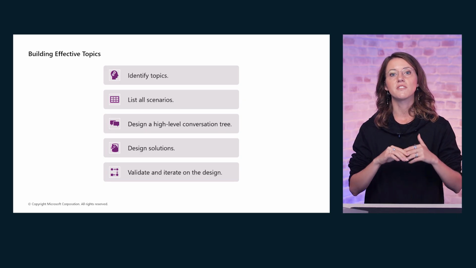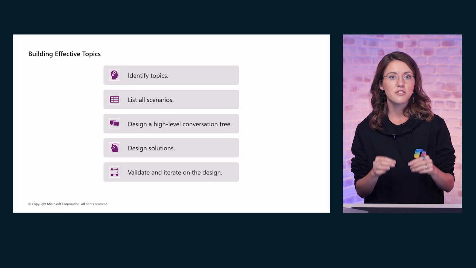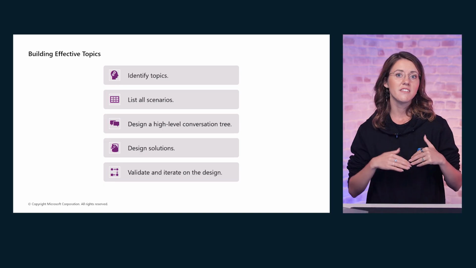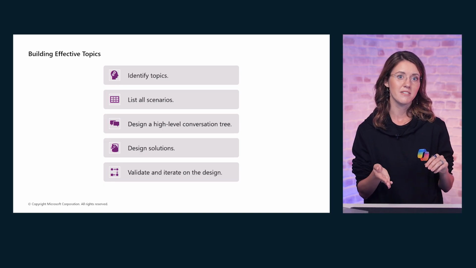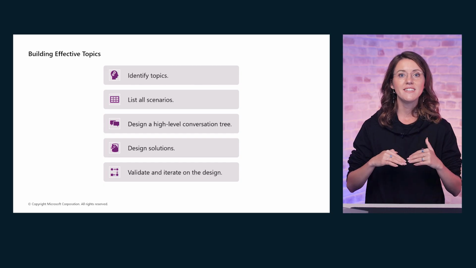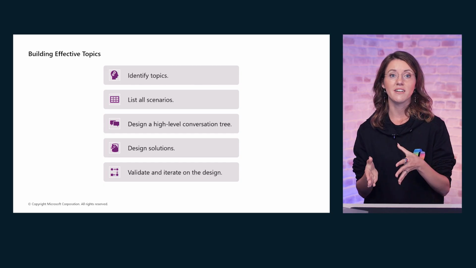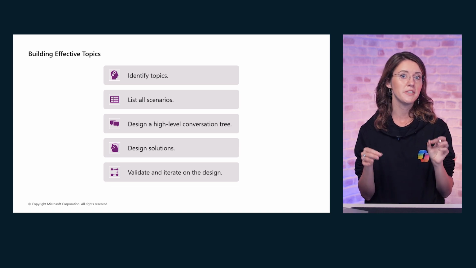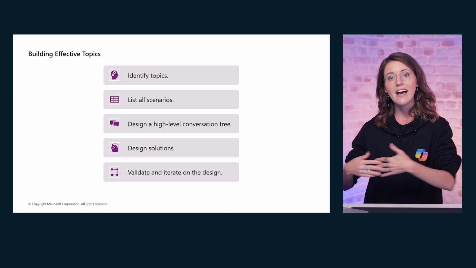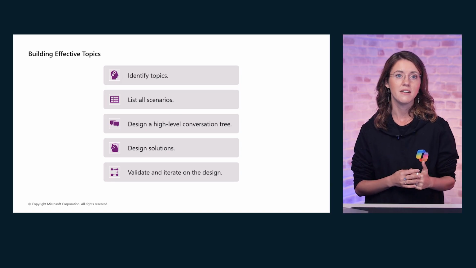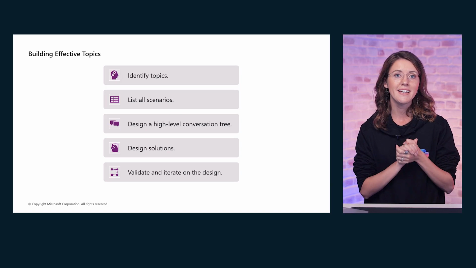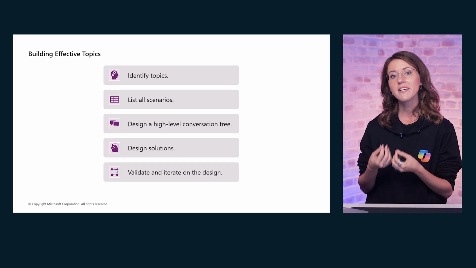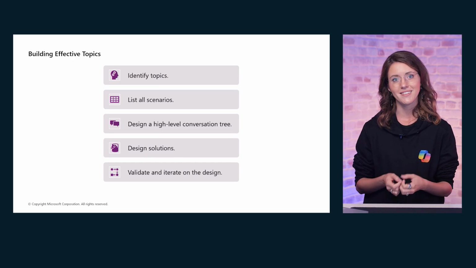Creating a structured conversation tree ensures that the interaction is smooth and logical, guiding the customers through the process seamlessly. Then, validate and iterate on the design. Testing and refining the topic's design is essential to ensure it meets the desired objectives and provides a positive customer experience. By following these steps, you can create effective topics that enhance customer interaction, making them more meaningful and engaging.